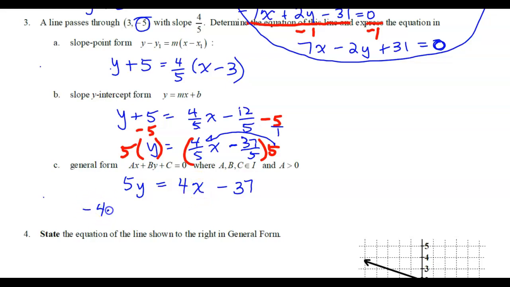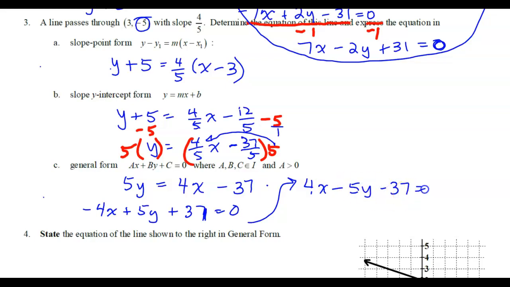So whichever way, it doesn't require showing much work. From this step, I'm looking for the final answer. This is not the final answer right now because of the negative 4x, but I'll change all the signs by dividing by -1. And that will be my final answer.